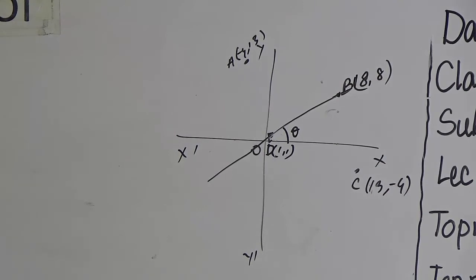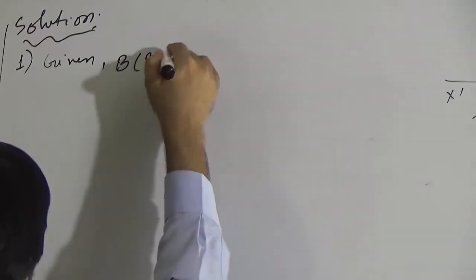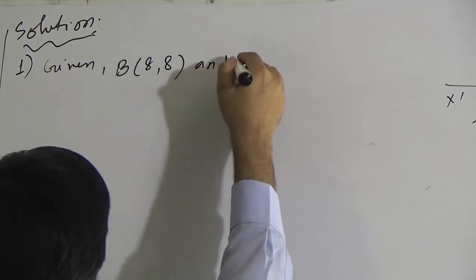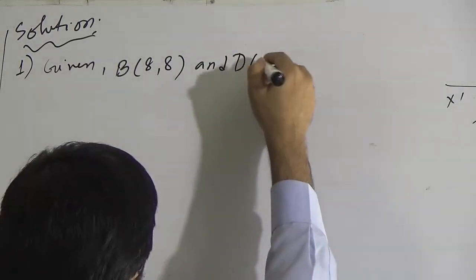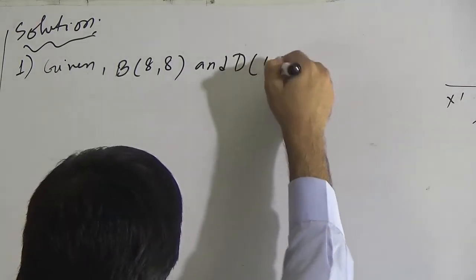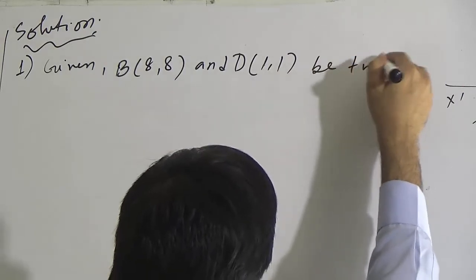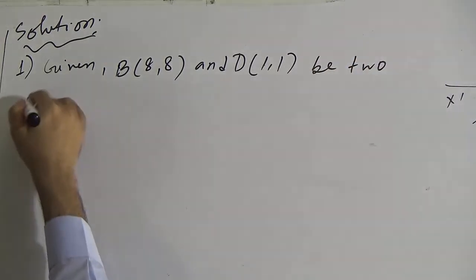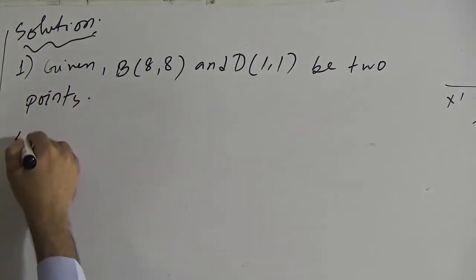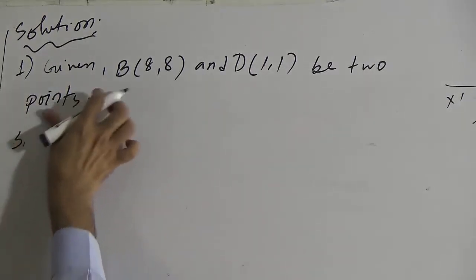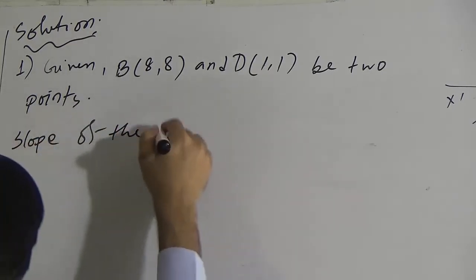Given B(8, 8) and D(1, 1). So these are two points.